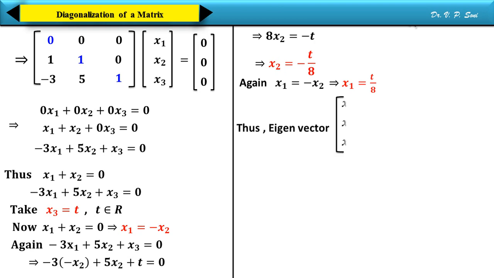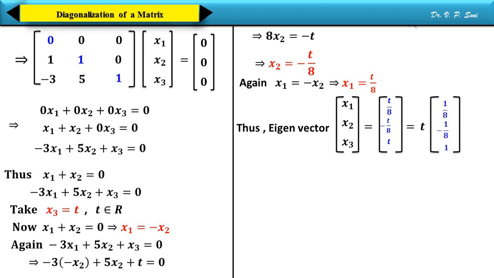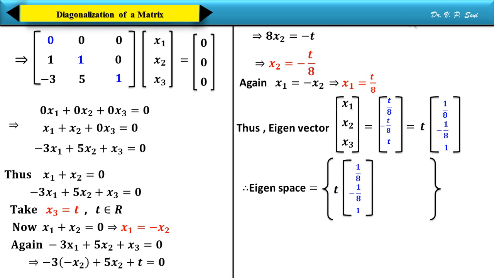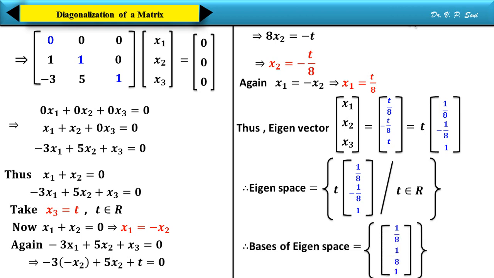Thus eigenvector x1, x2, x3 equal to vector t by 8, minus t by 8 and t. Take t as a common factor, then we get t into vector 1 by 8, minus 1 by 8 and 1. Therefore eigenspace is a set t into vector 1 by 8, minus 1 by 8 and 1 such that t belongs to R. Therefore basis of eigenspace is a set containing only one vector 1 by 8, minus 1 by 8 and 1.